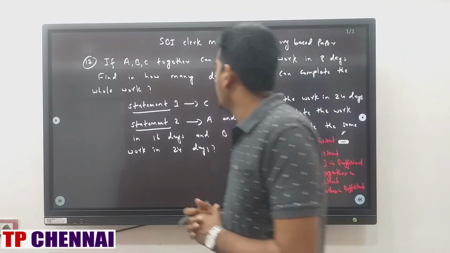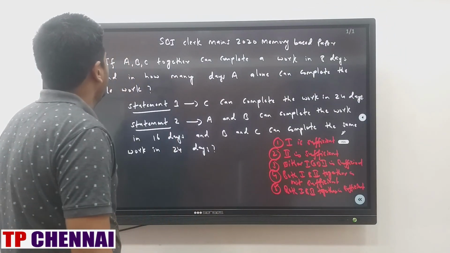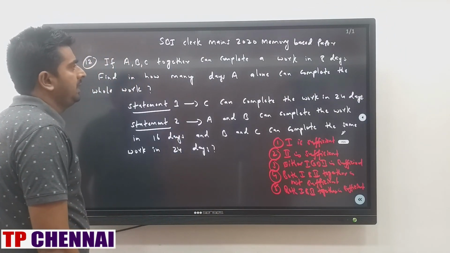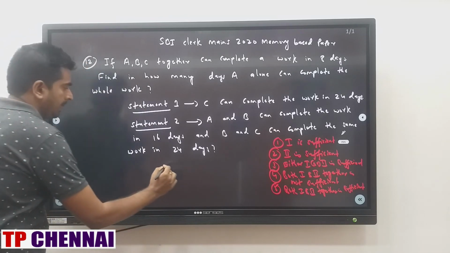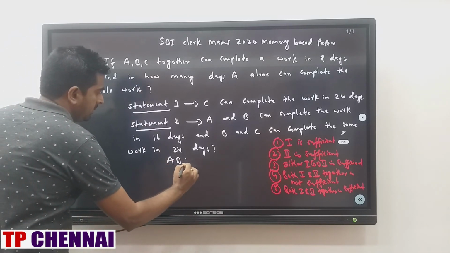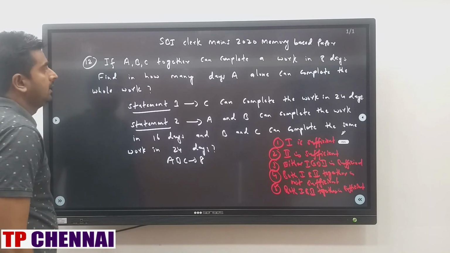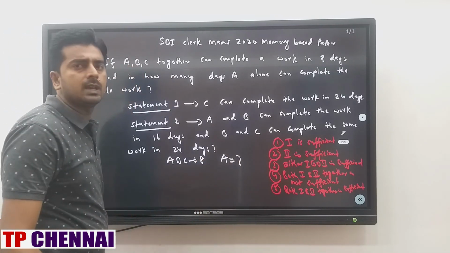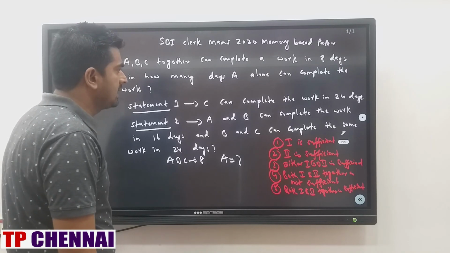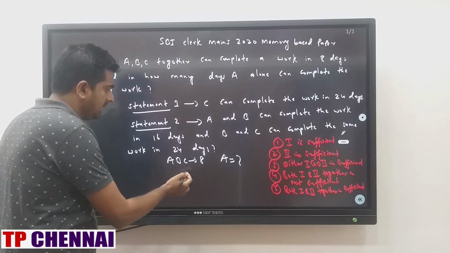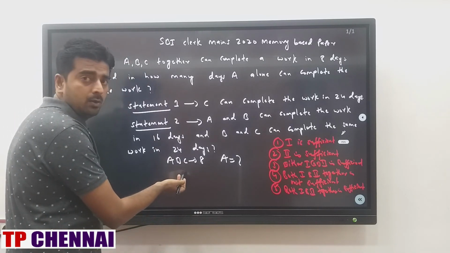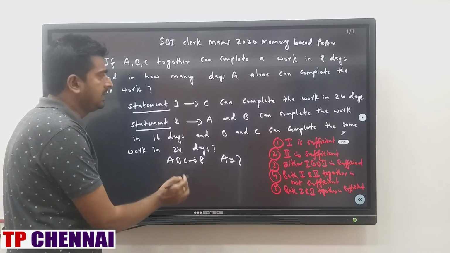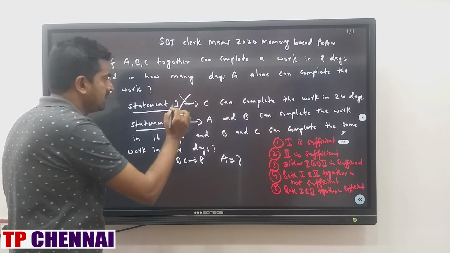In the question, A, B, C together can complete a work in 8 days, and they are asking for A. First statement, C can complete the work in 24 days. If you keep that here, you are not going to get A and B. That means statement 1 is not sufficient.